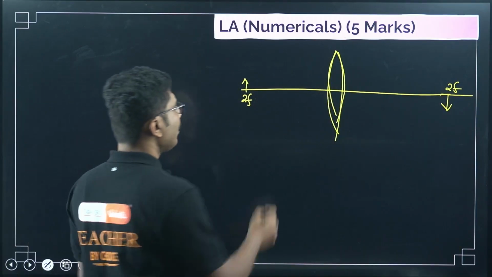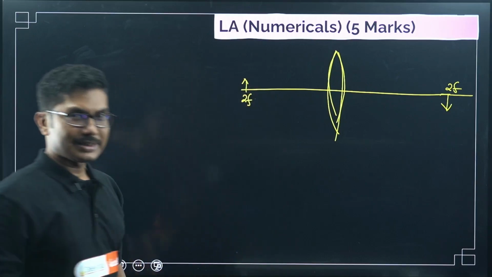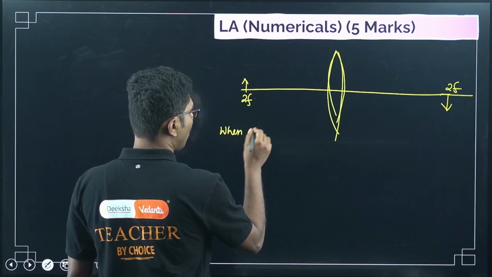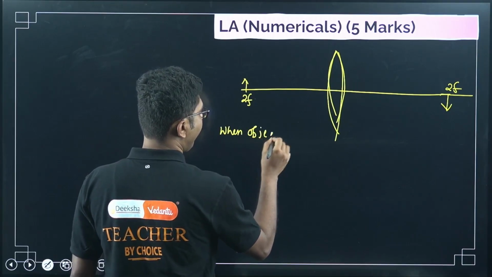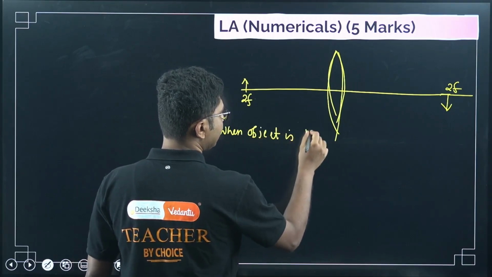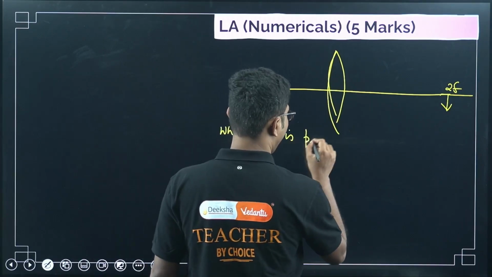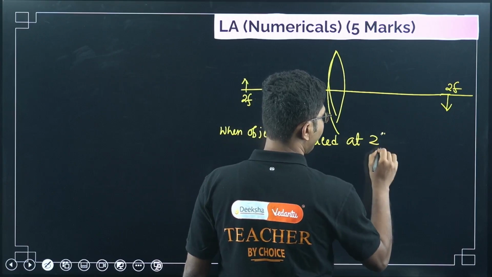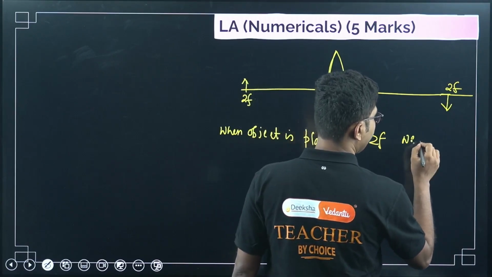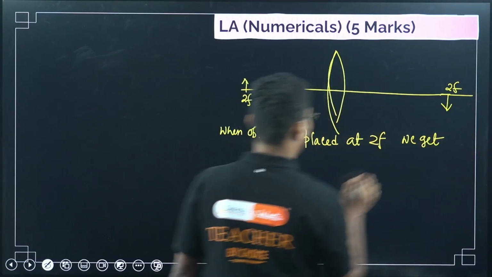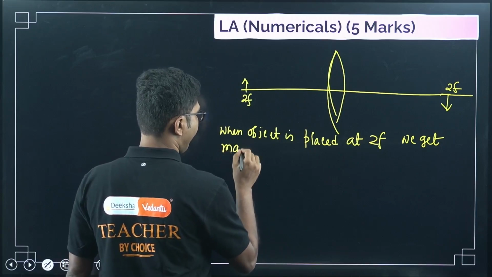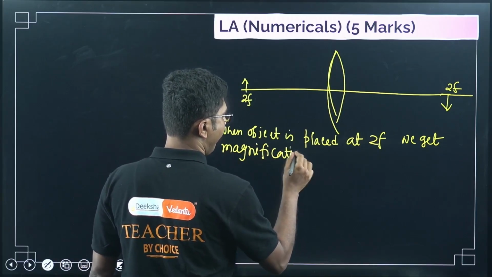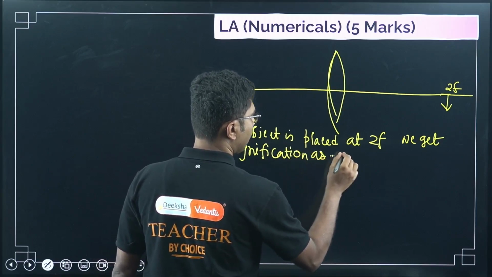-1, right. So for convex lens, you have to mention that when the object is placed at 2f, we get magnification as -1.